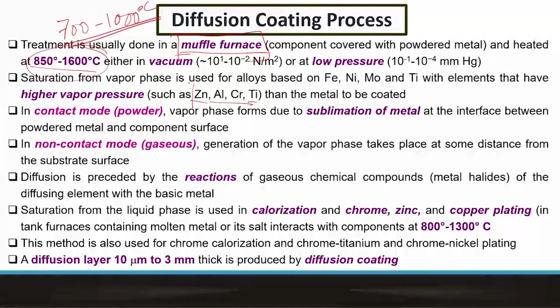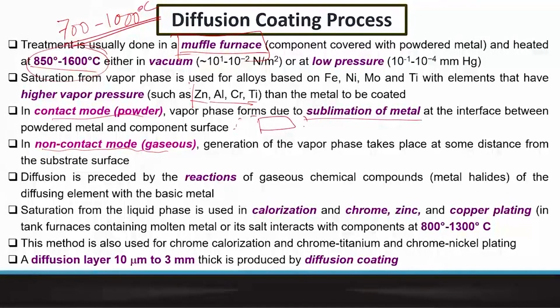So with this powder, usually you pack the component inside a bed, and that's where the name pack cementation or pack coating comes from. These powders are made to react. They should have the property of undergoing a sublimation process. So they react, they go into the vapor state, and then they decompose, typically on the component surface.